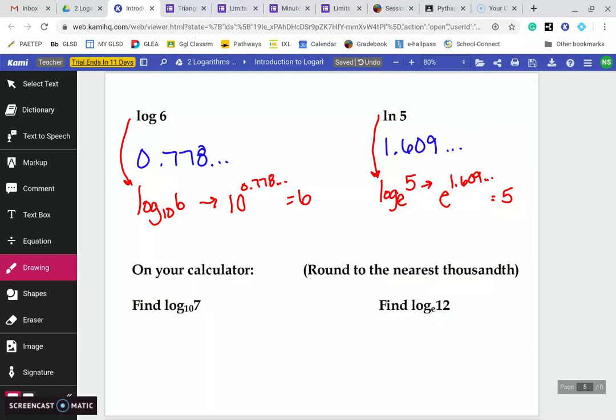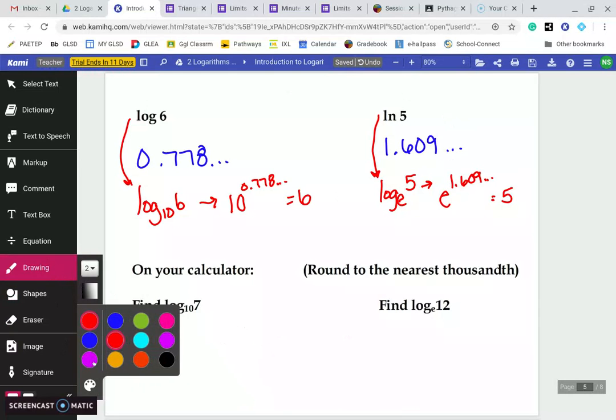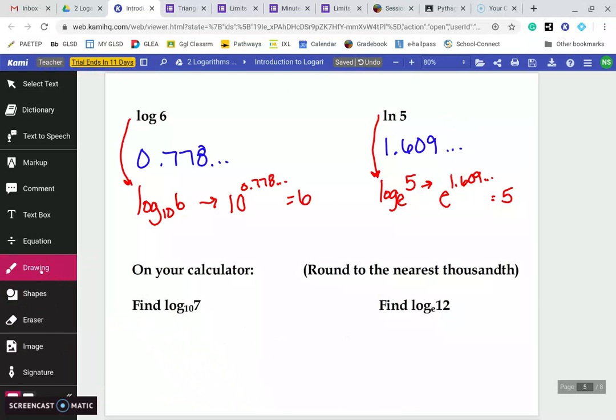That's it. So on your calculator, if you wanted to find the log base 10 of 7, you would just type log 7, because that's what base 10 means. If it's not there, it's understood to be 10.